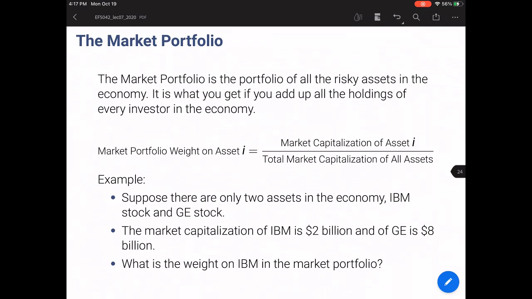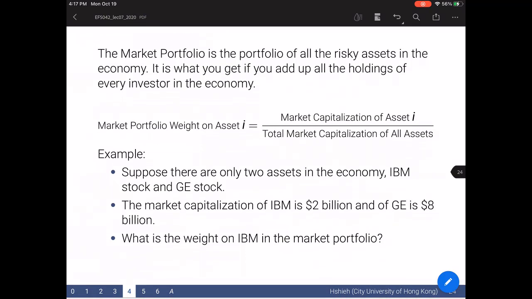Okay, so the market portfolio is the portfolio of all risky assets in the economy. It is what you get if you add up all the holdings of every investor in the economy. And as I already said, the market portfolio weight on asset i is quite easy to calculate. All you have to do is take the market cap of that asset. So if we're talking about General Electric, you take the market cap of that company and divide it by the total market cap of all assets.